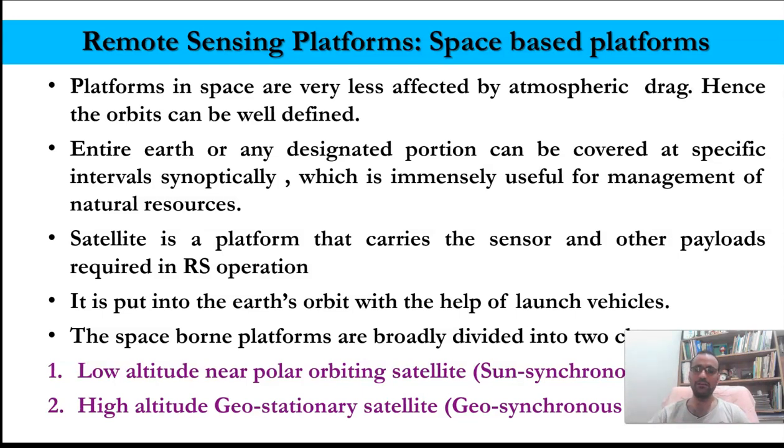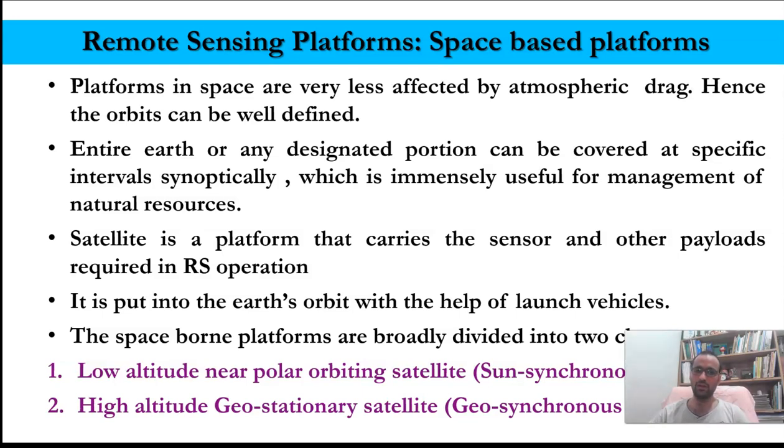The space-borne platforms are broadly divided into two classes: low altitude near polar orbiting satellite, which we also call sun synchronous satellite because it's synchronized by the sun, and second, high altitude geostationary satellite. In the next slide I will introduce how these two satellites work.